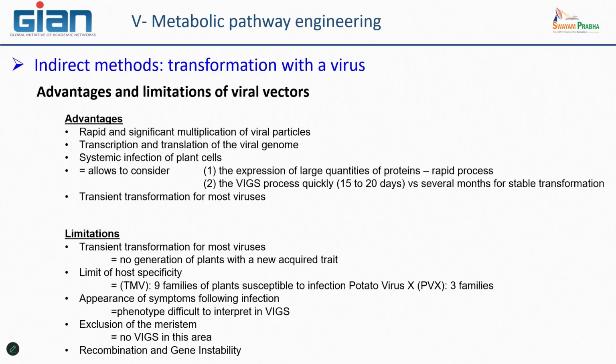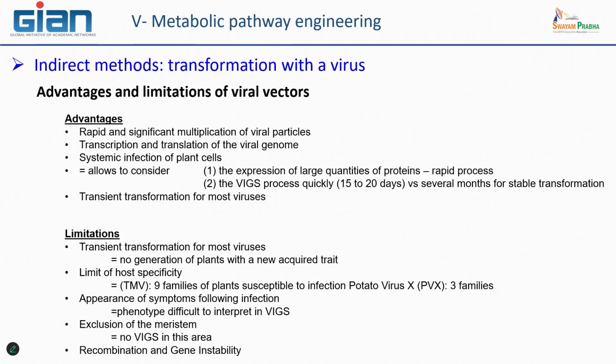We can use this process to express a specific protein, which is a very rapid process, in some hours. Or we can also do what we call a VIGS process quickly, in 15 to 20 days. Now it is less than this time, in order to characterize, for example, a new gene encoding a new enzyme.